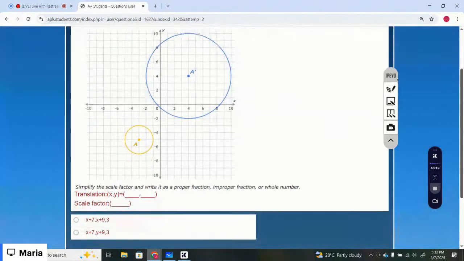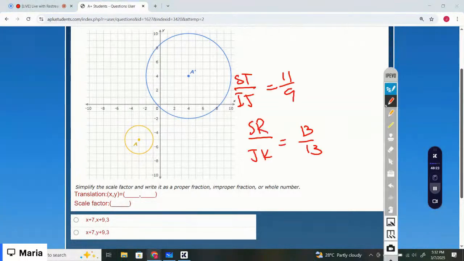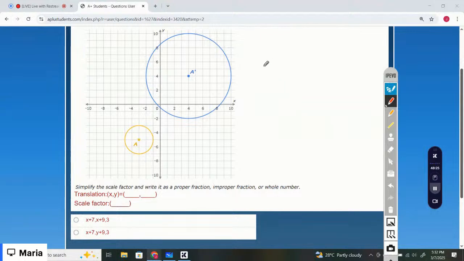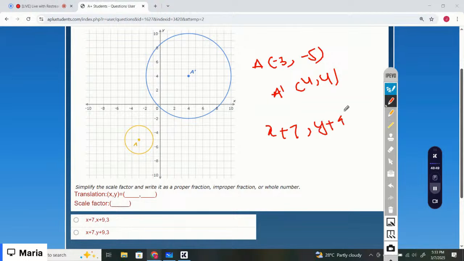So just look at the center of the circle A. A is at -3 and -5. And the center of the circle A dash is 4 and 4, right? That is x plus 7 and y plus 9, right?